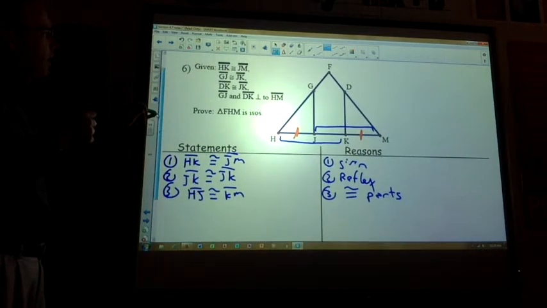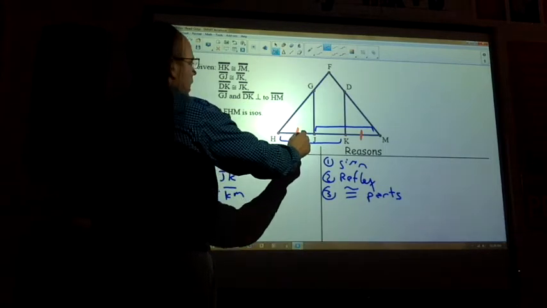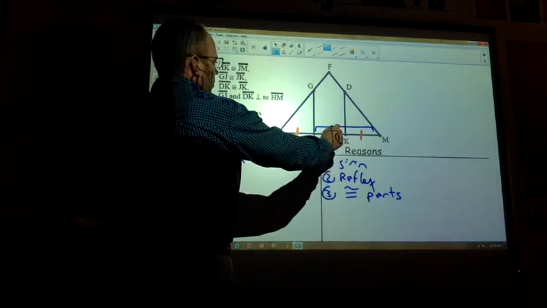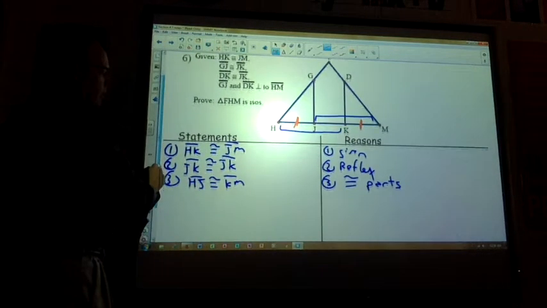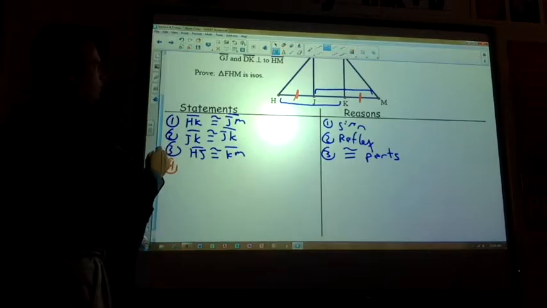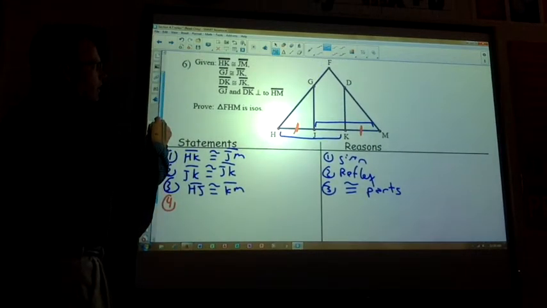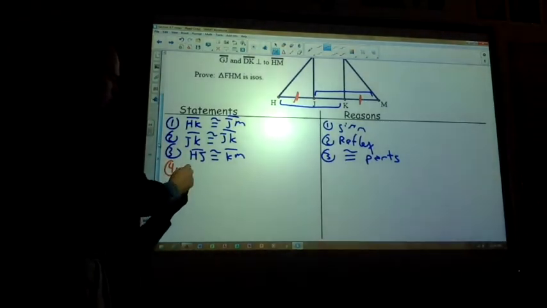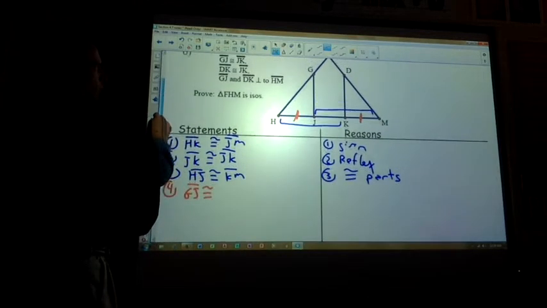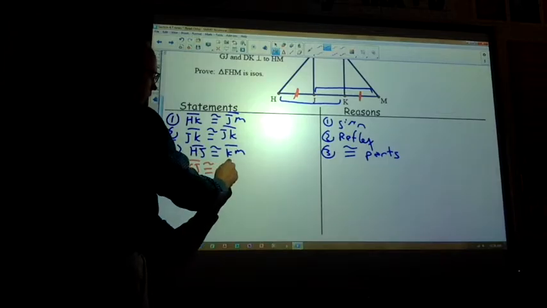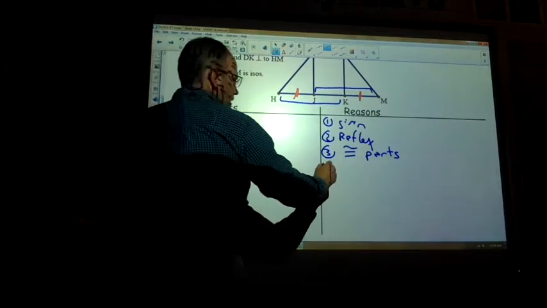GJ is congruent to JK. I don't know if that's going to help us. Yes, that's going to help us because we can prove the triangles with side and side. GJ and JK are congruent. That's a given, right?